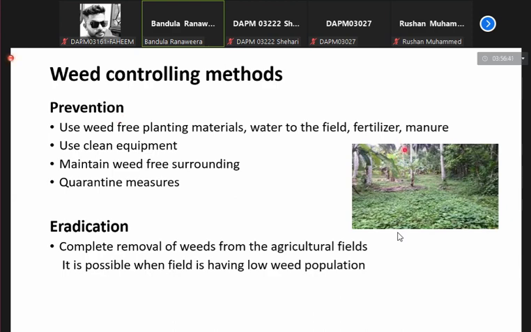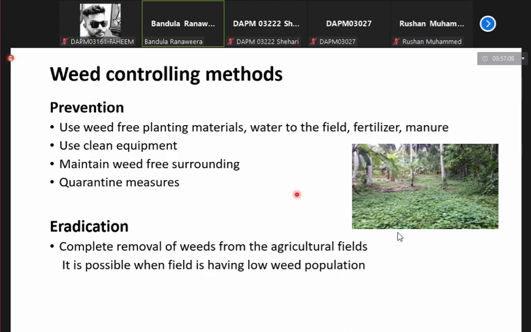So if there is a weed already grown, that means damage has already been done. So prevention is better for weed controlling also. And it may be the best thing for management of other pest groups as well, maybe insects, maybe plant pathogens or diseases. So for weed control also, it is important.